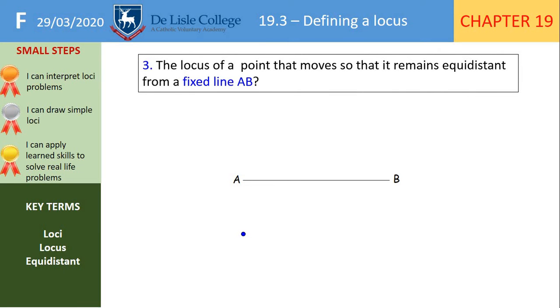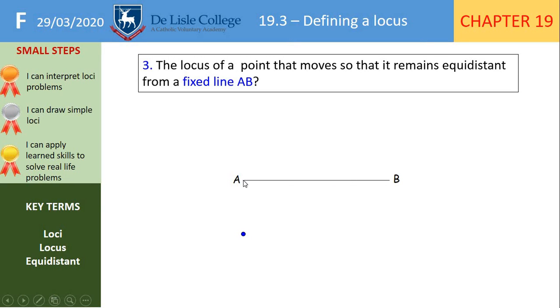So firstly, we're going to look at the situation where the locus of a point moves so that it remains equidistant from a fixed line AB. So we're given this line AB and we want to show the path of points that is a fixed distance away from this line. So not from just one point, but from the line in total.